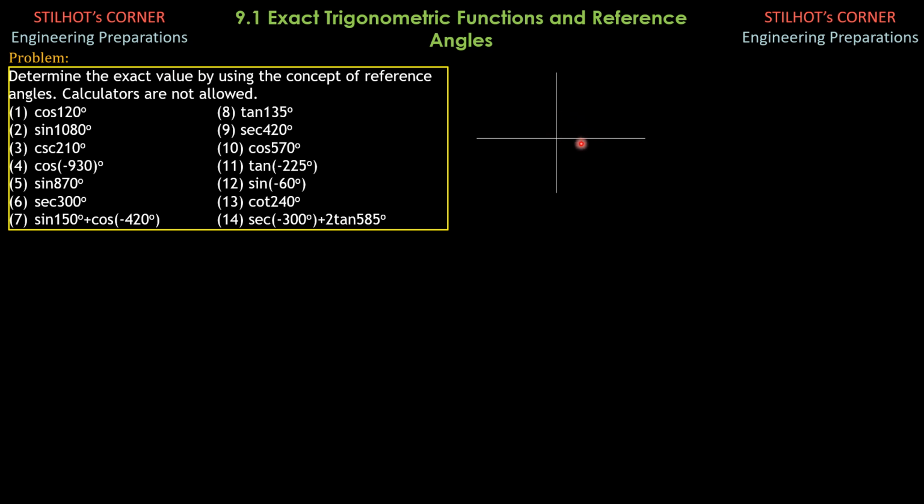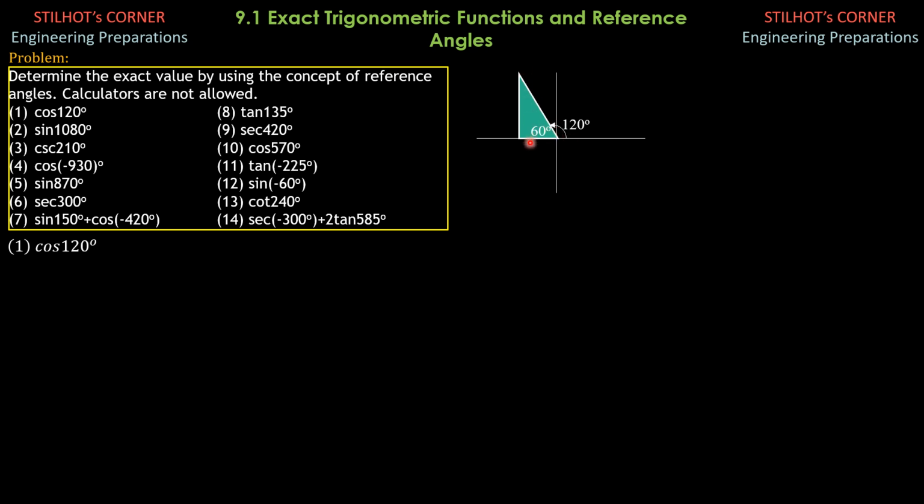So if that is 120 degrees, therefore the reference angle, we draw a triangle here, the reference angle is 60 degrees as shown. So cosine of 120 degrees is equal to, so that's the triangle as our guide. This is the reference angle for 120 degrees, and therefore the measure of this angle is 60 degrees.